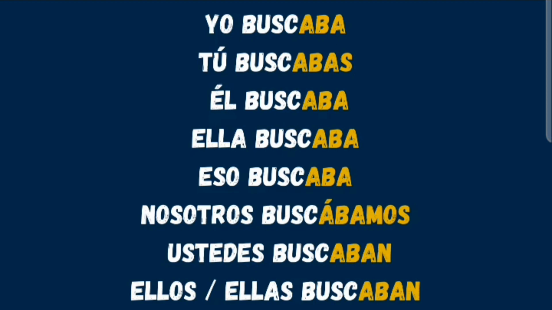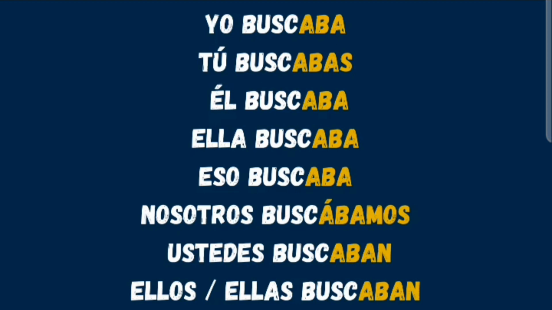Yo buscaba. As you can see, there is a root word at the beginning, the part in white: busc, B-U-S-C. This is the part that is not going to change, because it's a regular verb. Then the ending changes according to the personal pronoun.